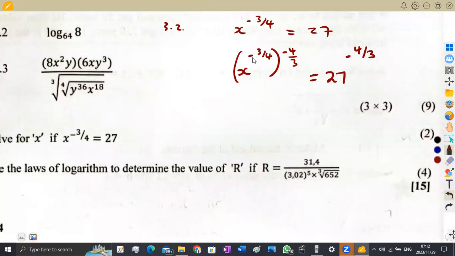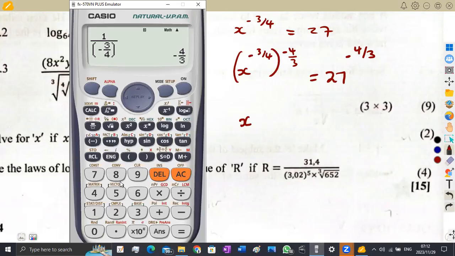The reason for us doing this is that we understand that the original number, when multiplied by its reciprocal or its inverse, gives us a 1. If we multiply negative 3 over 4, which is our original number, by its reciprocal, negative 4 over 3, we must get the 1.